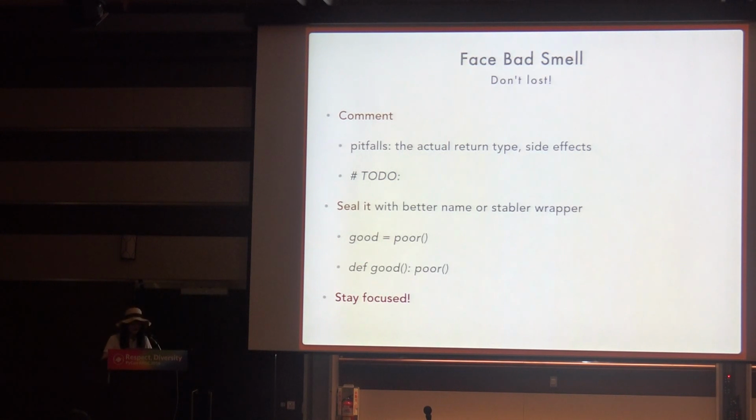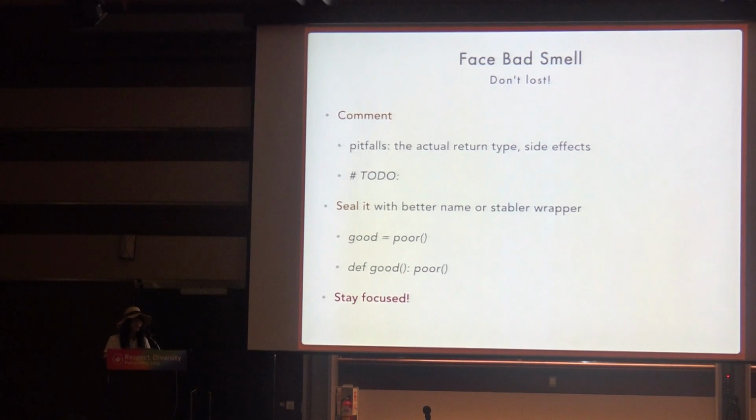We always want to make the code better, but we don't have time. So you can put a to-do in your code to let your manager, or maybe just yourself, know that I just did not have time to do it.